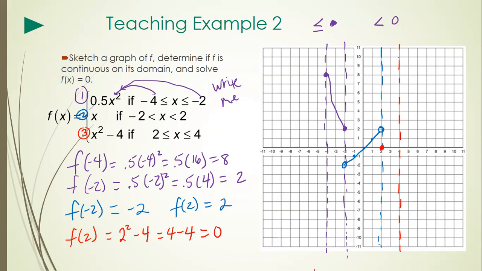Good? All right, now we're going to do f of 4. F of 4 is going to go off the page for me. So we have 4 squared minus 4, which is 16 minus 4, which is what? 12. So at my 4, remember I said it's going to go off the page for me?